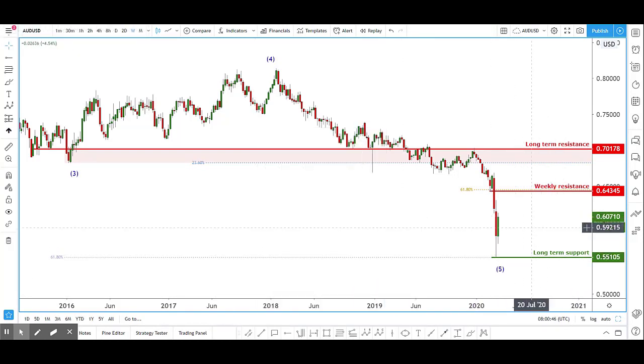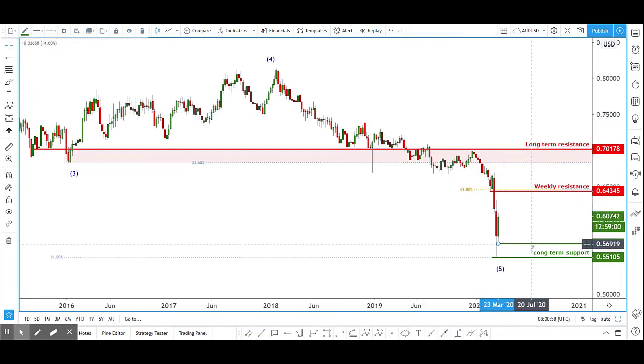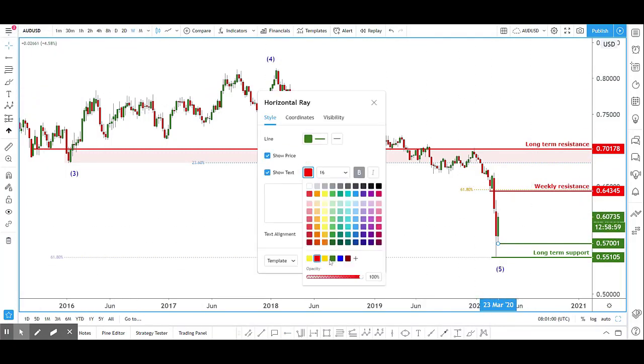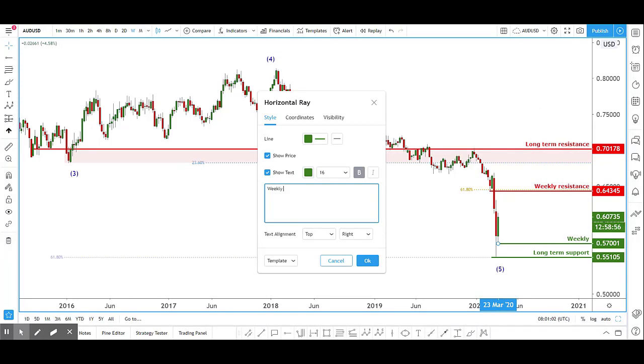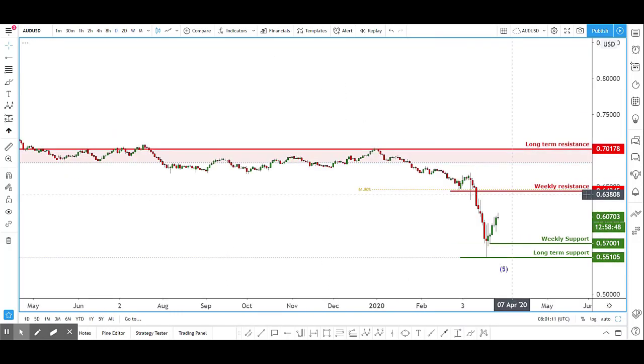I do not see any other weekly support, but if I had to put one in, I would think that we can just use this spike here, sort of like a weekly support, right? Okay, so now that we have our weekly support level, let's go down to the daily.